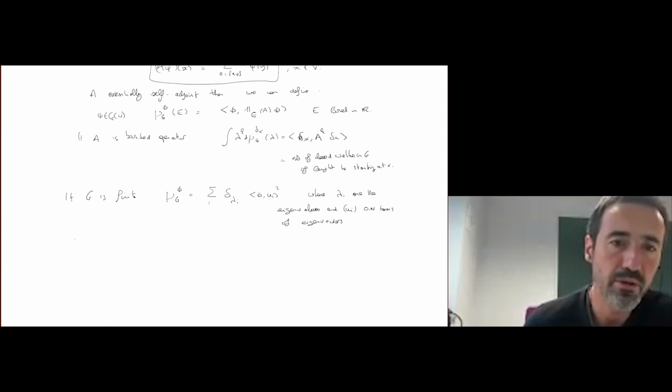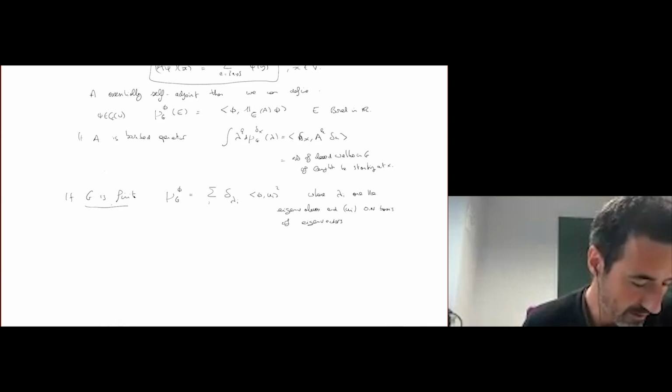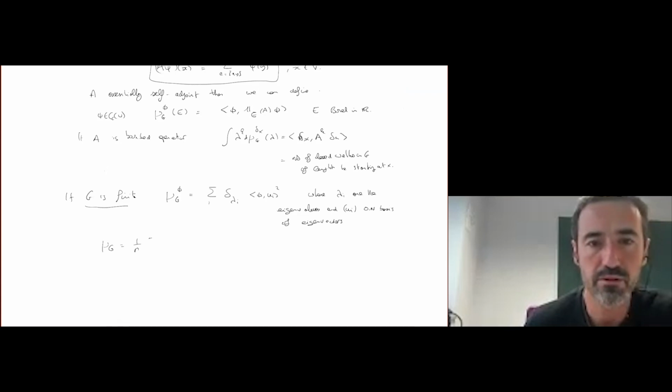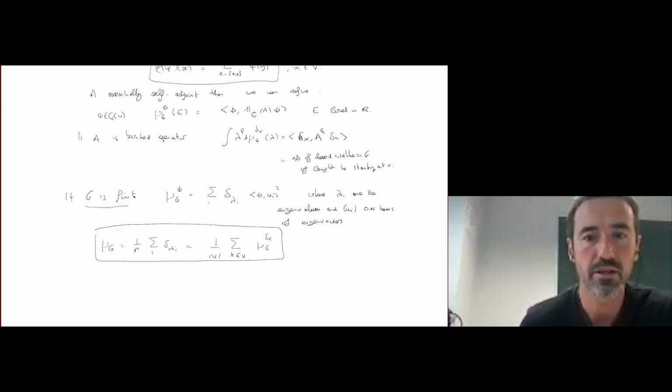And when G is finite, we also define the empirical spectral distribution, which we were denoting by mu G, without the vector phi. It is simply the sum of the Dirac masses at the eigenvalues, which is interesting because you can rewrite it as a spatial average over all vertices of this spectral measure at a given vector.